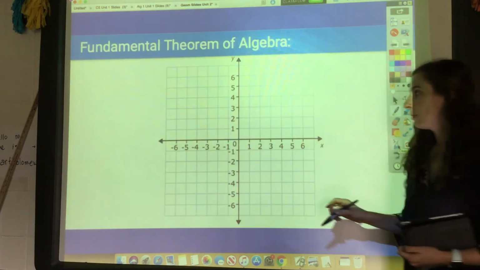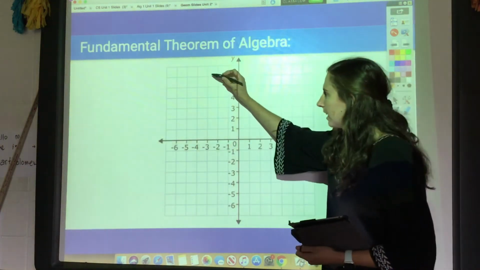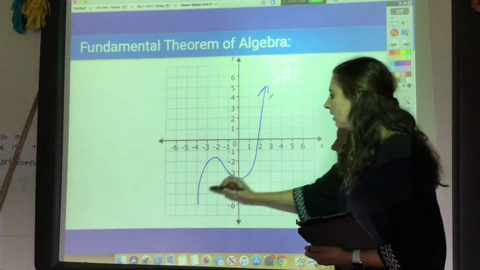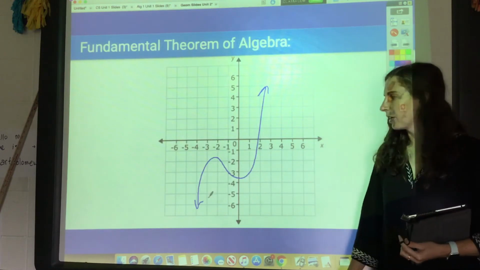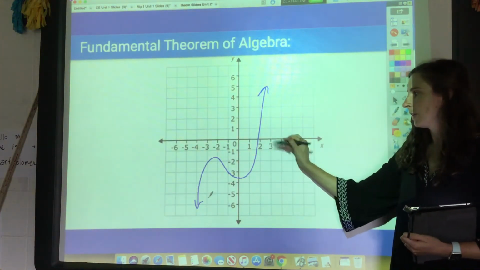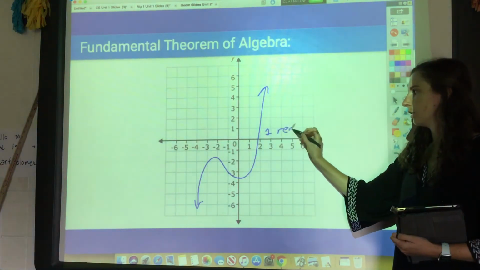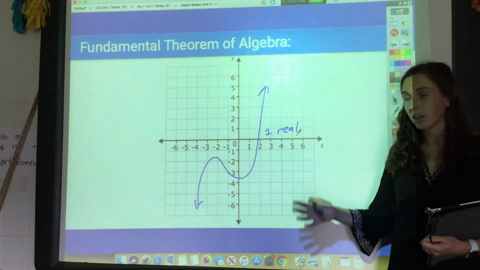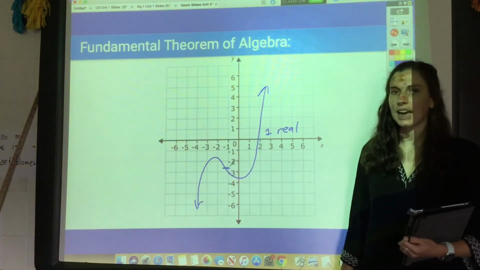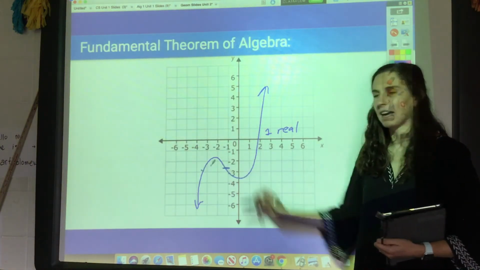But there are other options. For example, what if I had something like this? This would still be a cubic graph, but it only hits the x-axis the 1 time. So this would be 1 real root, and I know there are 3. It's just like I kind of missed the x-axis right here, and I missed the x-axis right here.